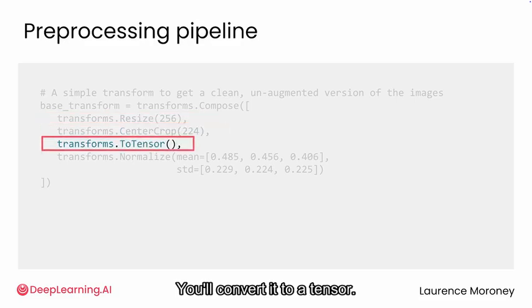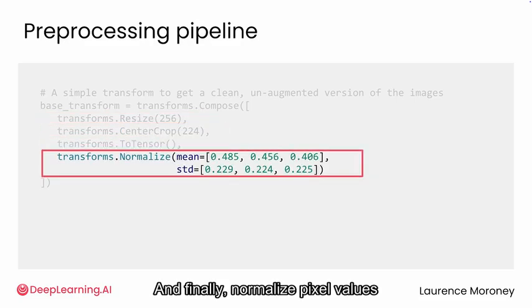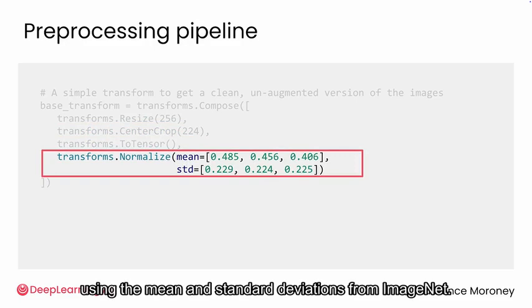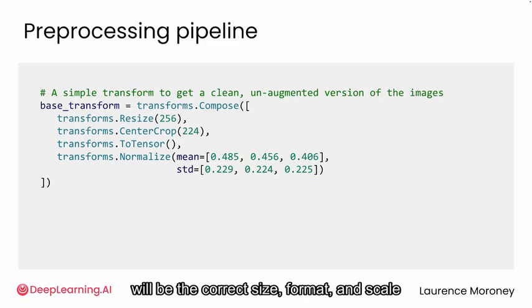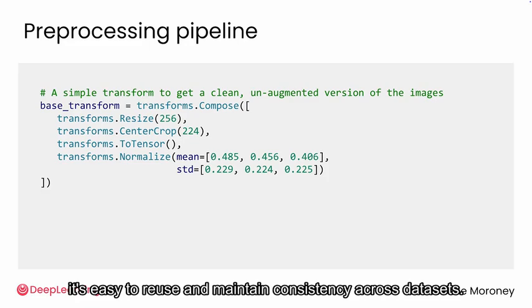You'll convert it to a tensor. And finally, normalize pixel values using the mean and standard deviations from ImageNet. With this setup, any image passed through the pipeline will be the correct size, format, and scale for deep learning models like ResNet. And since everything is defined in one place, it's easy to reuse and maintain consistency across datasets.